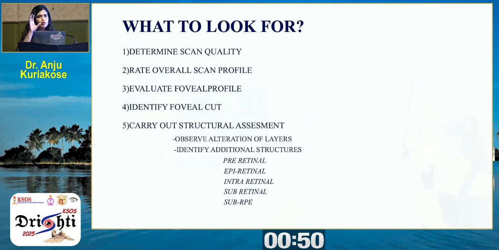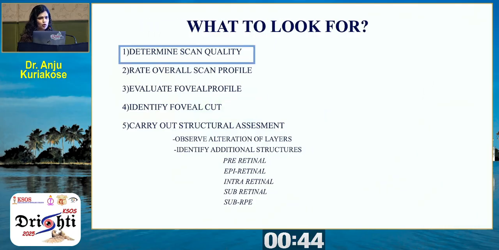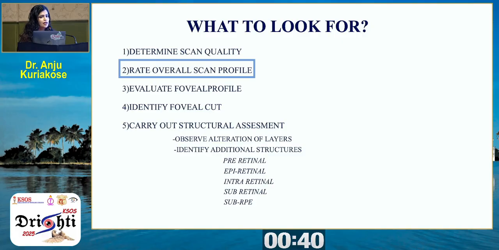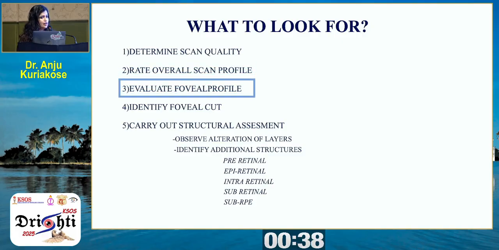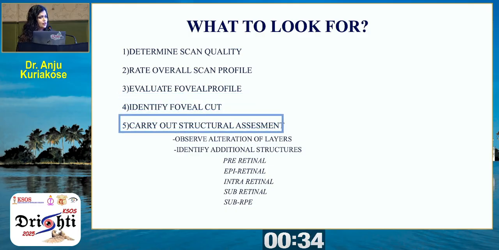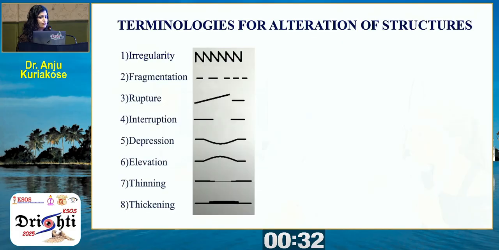So we know what to look into on the OCT. What to look for after this presentation: determine the scan quality first, then the overall scan profile, and evaluate the foveal profile, identify the foveal cut, carry out the structural assessment like observation of the layers, identifying each and every structure.